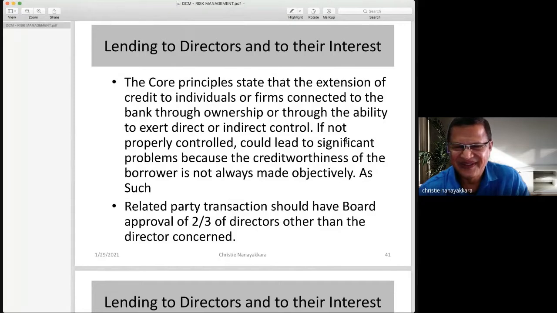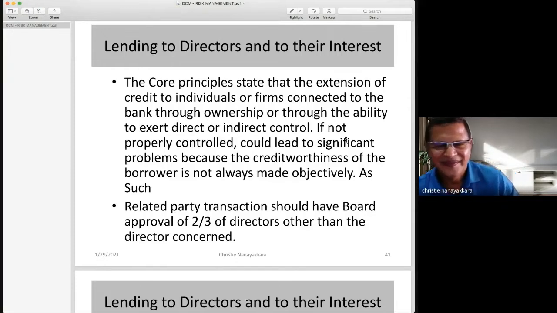So they have a special advantage. You will just process the facility in the quickest possible manner, and sometimes even might not ask for the collateral required. For this reason, central bank wants certain regulations put on this related party.